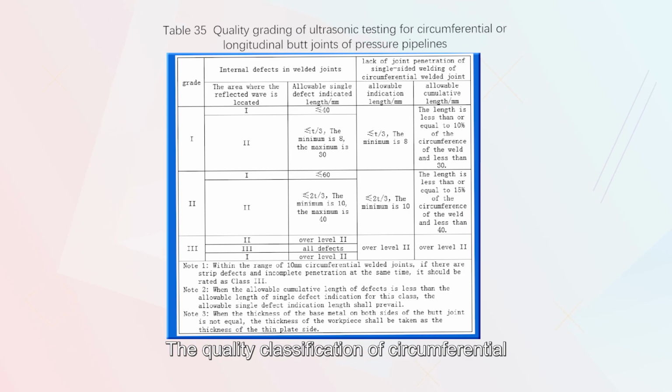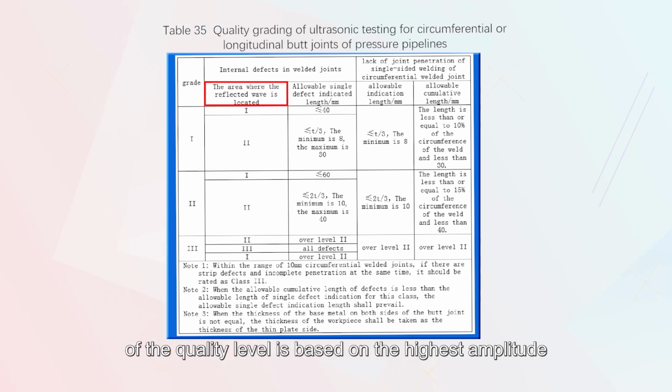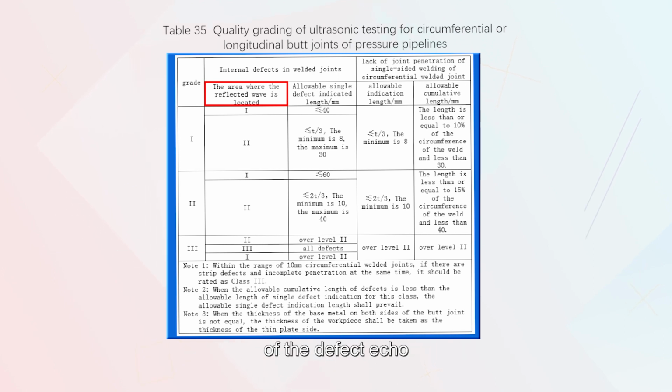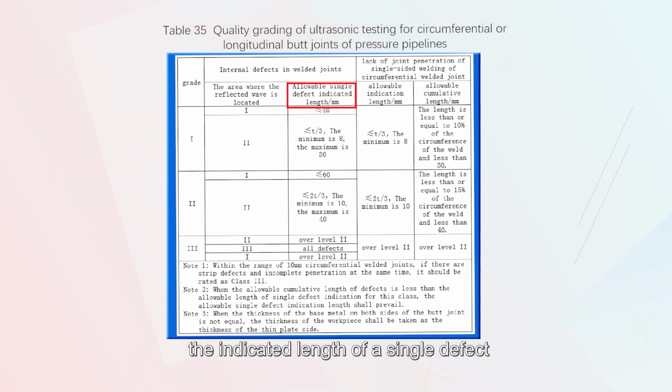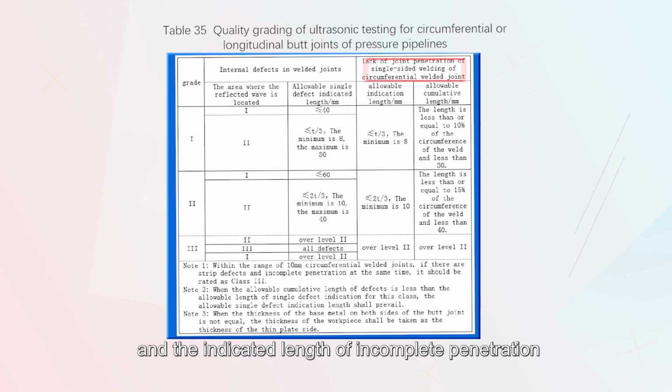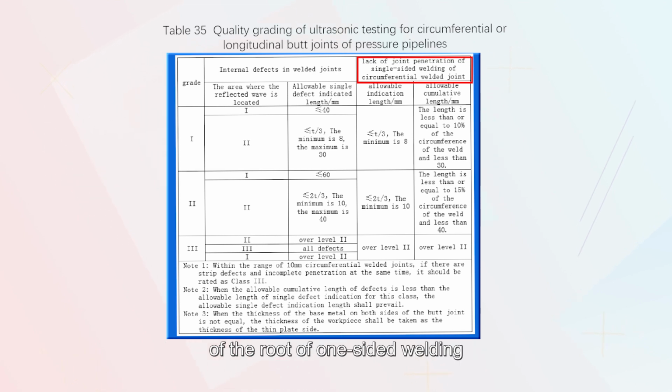The quality classification of circumferential and longitudinal welded joints of pressure pipelines shall be carried out according to Table 35 respectively. It can be seen from the table that the evaluation of the quality level is based on the highest amplitude of defect echo, the indicated length of a single defect, and the indicated length of the incomplete penetration of the root of one-sided welding of the circumferential welded joint and its accumulated length.